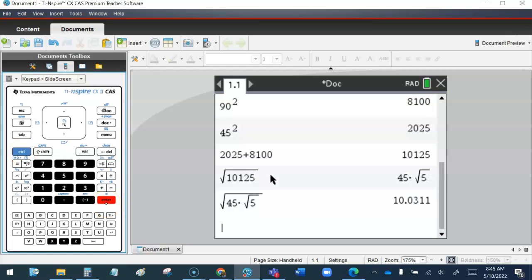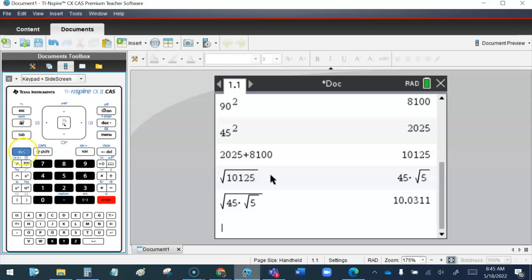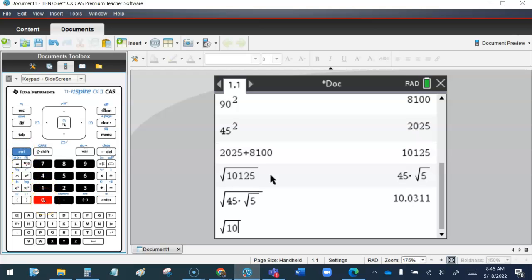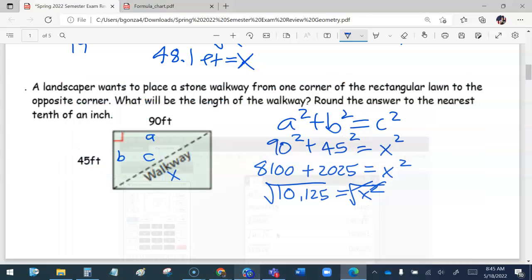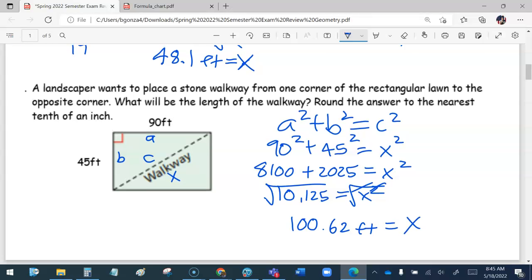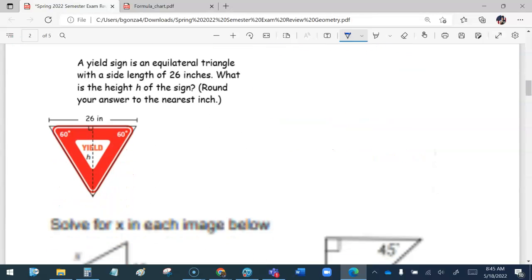And I get 10.03. That does not sound right. Let's try that again. Square root 10,125. 100.62. That's more like it. And we're talking about feet again. All right. Cool. Next one.